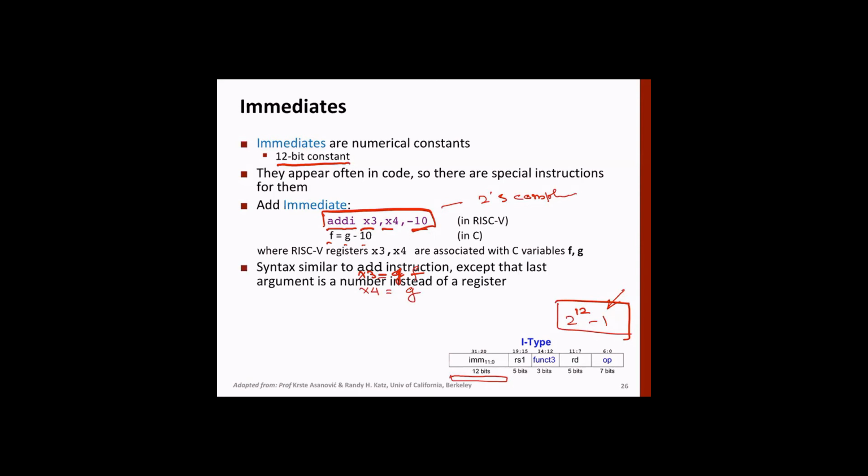So what's happening here? We are taking x4 and minus 10, adding them and moving the result to x3, which is equivalent to this C statement.